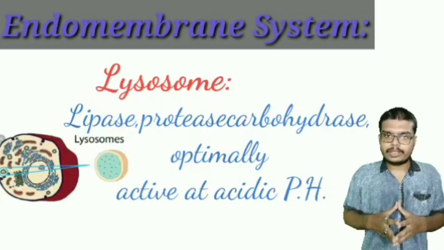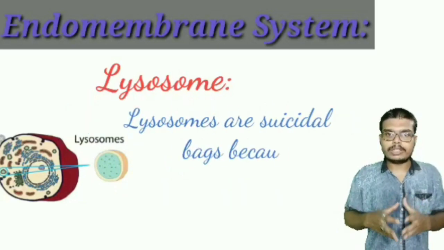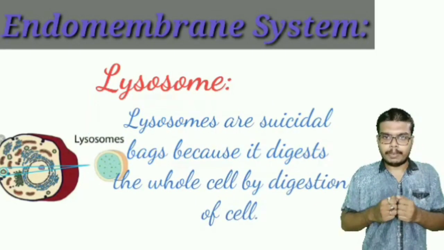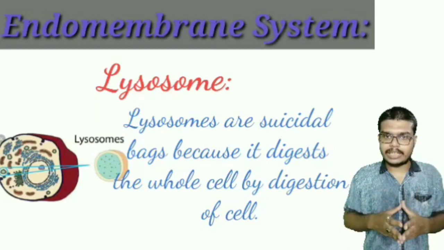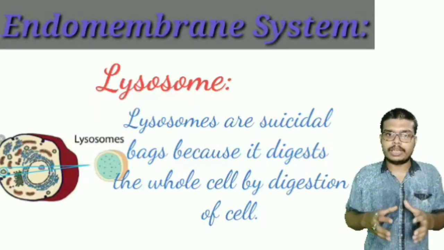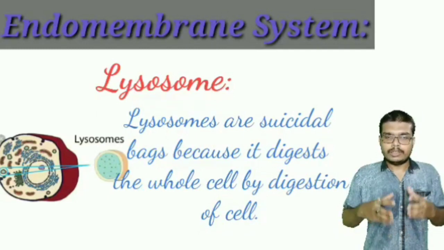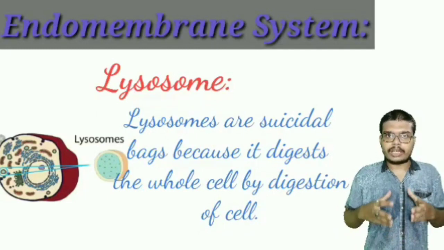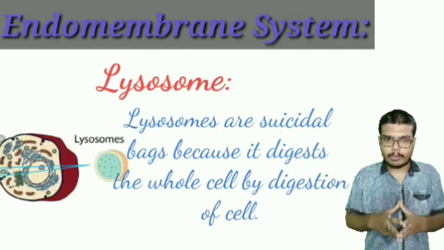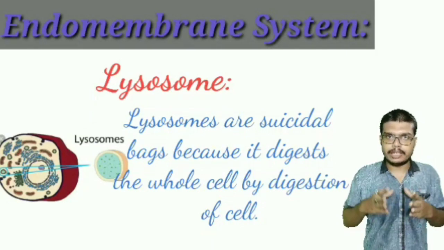So it is known as the suicidal bag, because the lysosome bursts and releases enzymes that can cause digestion of the whole cell. These enzymes are capable of digesting carbohydrates, proteins and lipids inside the cell.